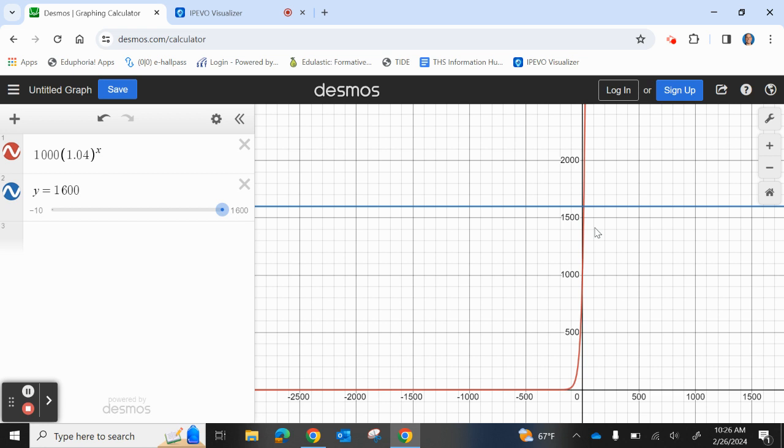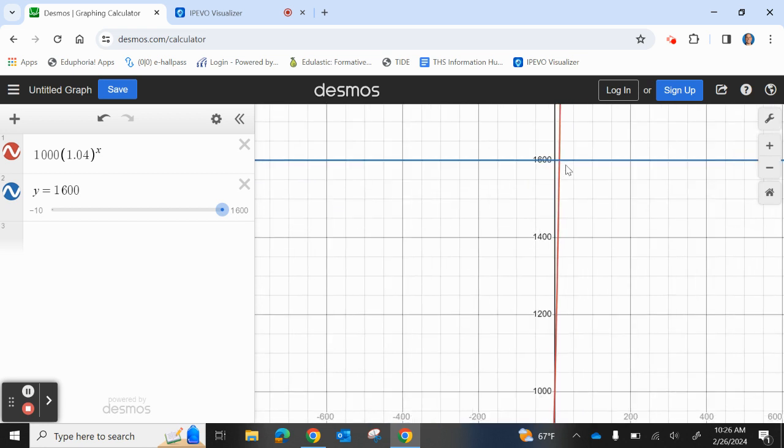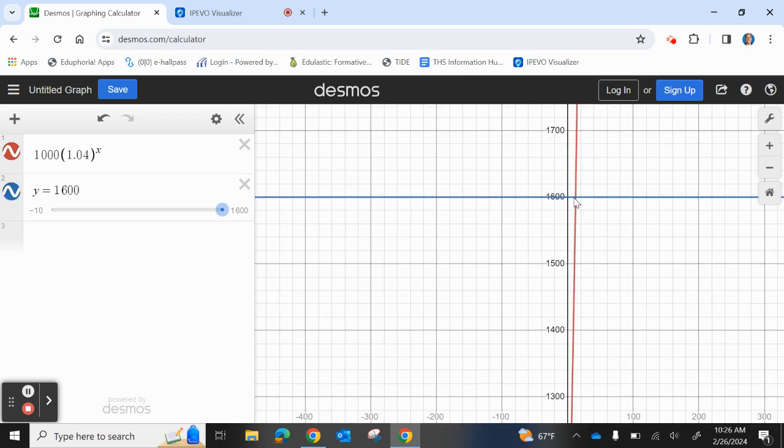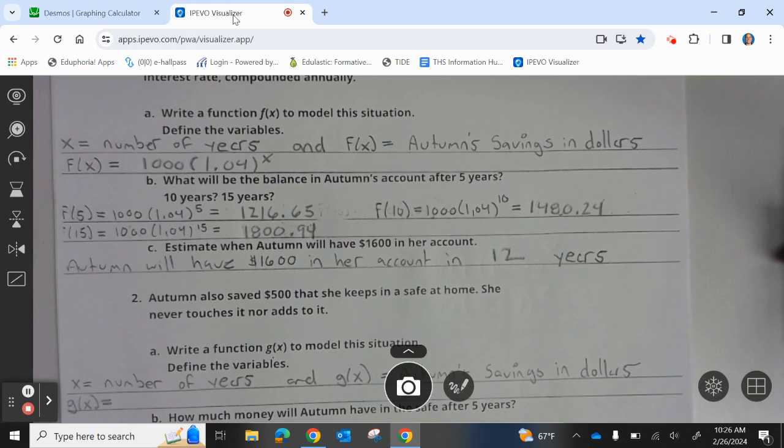And then you want to zoom back in to the point of intersection. Now be careful because you don't want the y-intercept, you want the point of intersection. So you want that point right there. So rounding that to a whole number, let's say 12 years. So Autumn will have $1,600 in her account in 12 years.